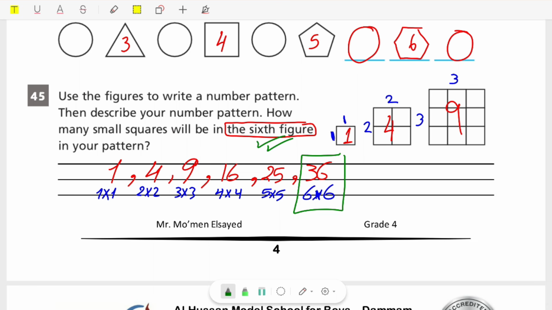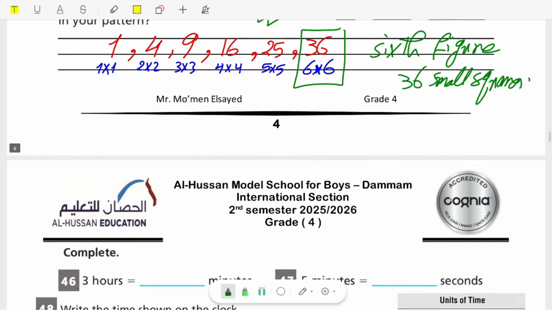So the 6th figure contains 36 small squares. Yeah, it's a little bit tricky, but use the pattern to get it. Let's go to the next page.